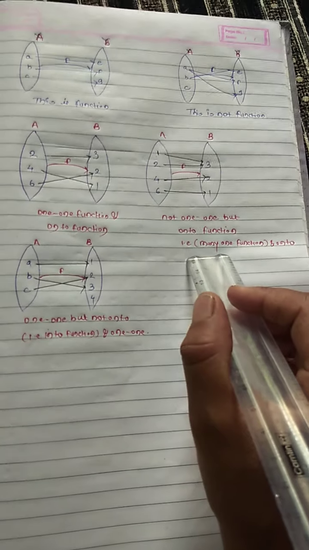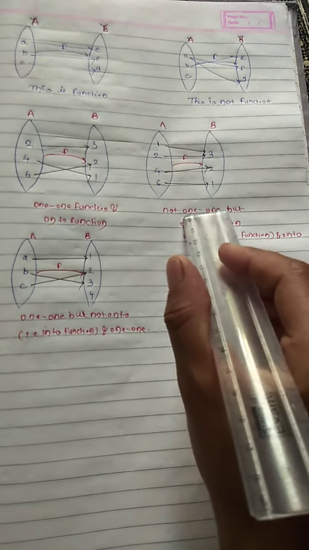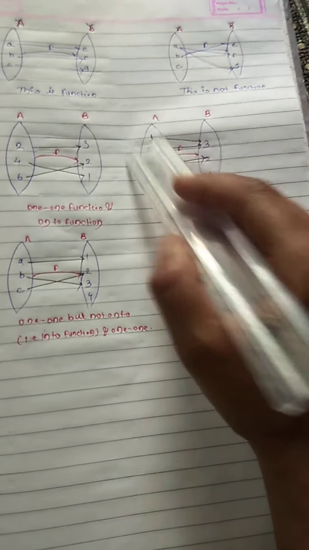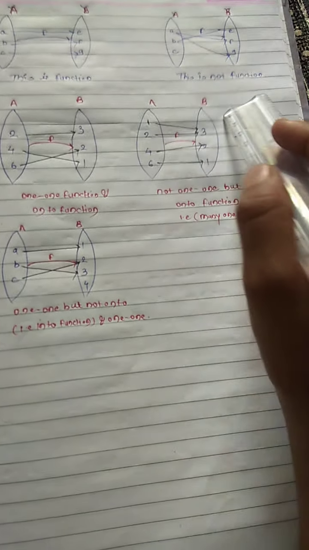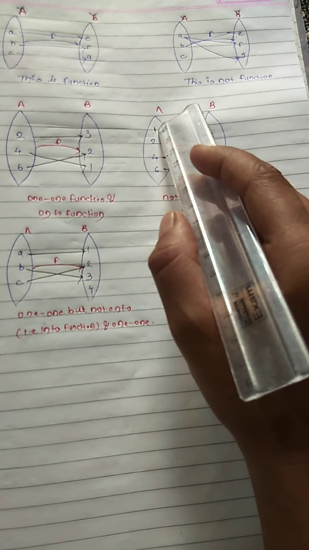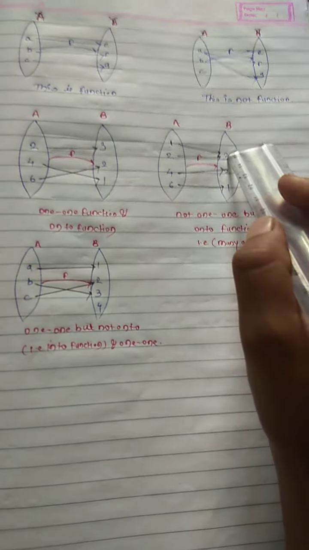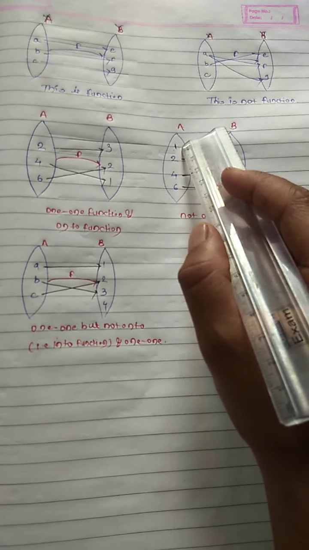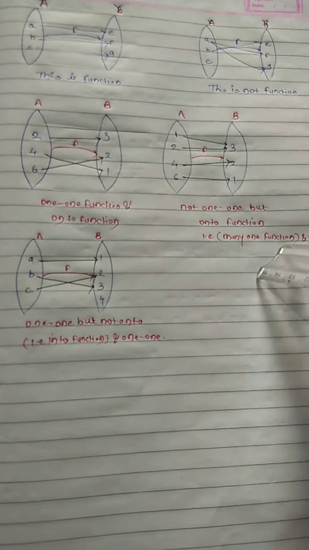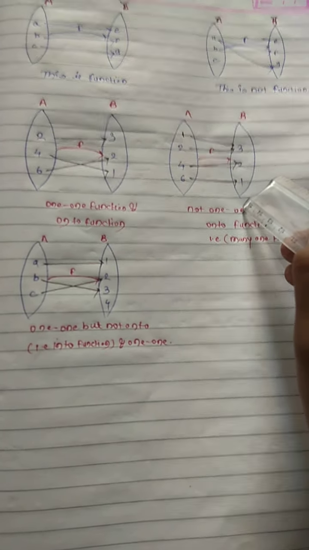See here, this is many-one function, that is, not one-one. There are at least two elements in A that have the same image in B. So image of 1 is 3, image of 2 is 3. So it is many-one function, that is not one-one.